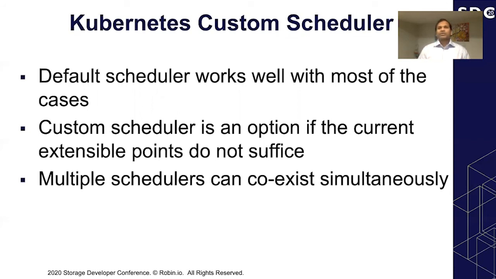The good thing is the Kubernetes scheduler says there can be multiple schedulers that coexist, which means that you can have a deployment or a stateful set, and you can give schedulerName equal to something, and then only those particular objects are given to that particular scheduler. That way you can write custom schedulers only for certain applications.